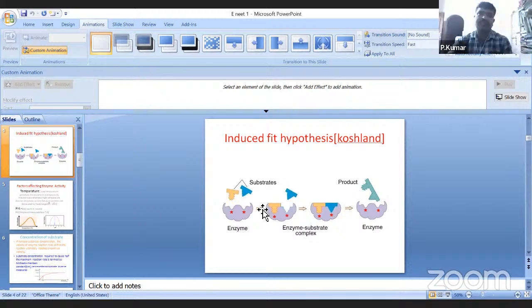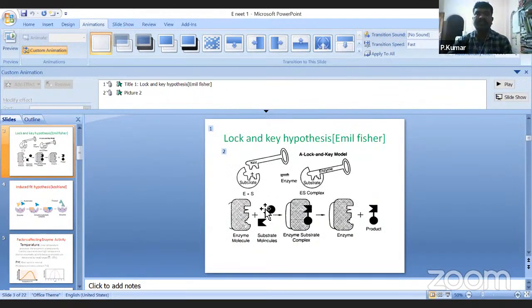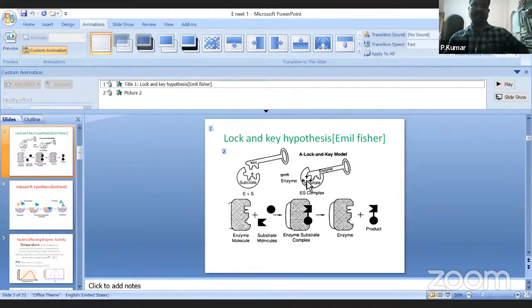So dear students, you are observing that the lock and key hypothesis can explain enzyme specificity. The substrate is fixed in the active site of the enzyme, and the substrate molecules form the product. The lock and key hypothesis is by Emil Fischer.